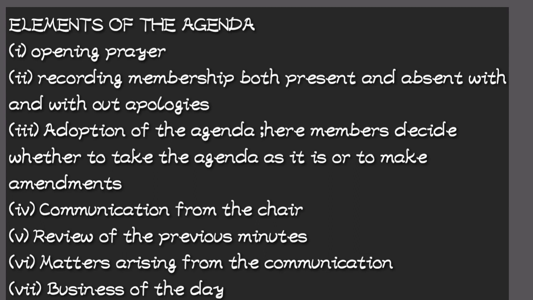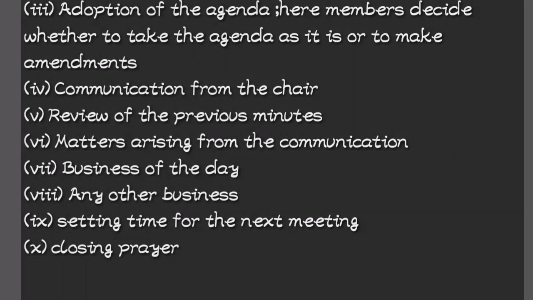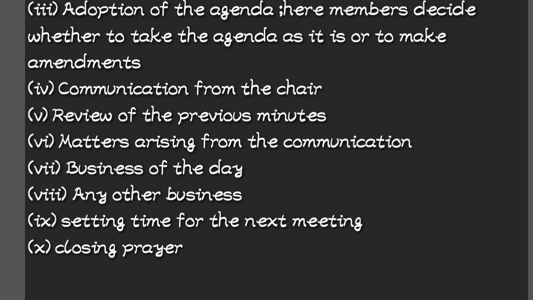Then there is communication from the chair. Then review of previous minutes. Then matters arising from communication. We also have business of the day. Then any other business, setting time for the next meeting, and lastly, the closing prayer.